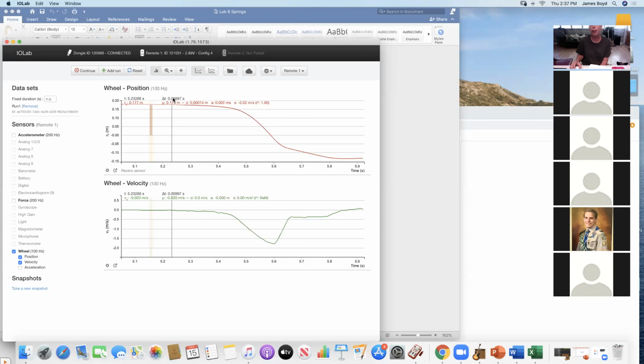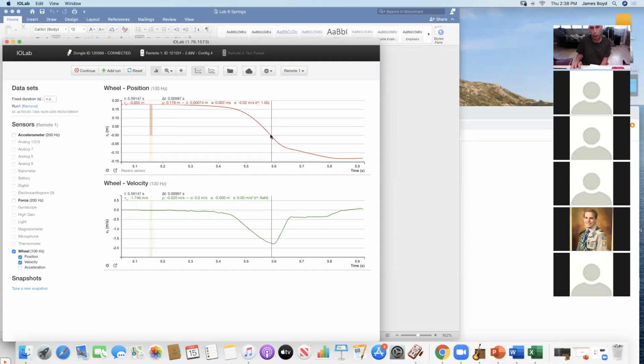That is the error associated with my position. That is delta x. Here, my velocity is not quite 0, it's 0.02. My uncertainty here is 0.0005 meters per second.